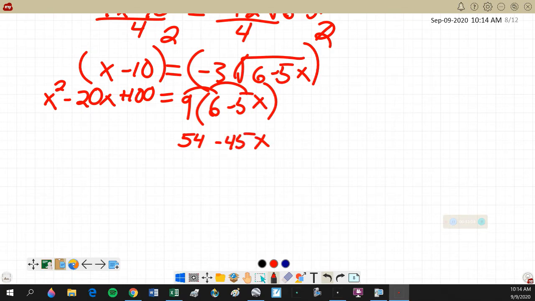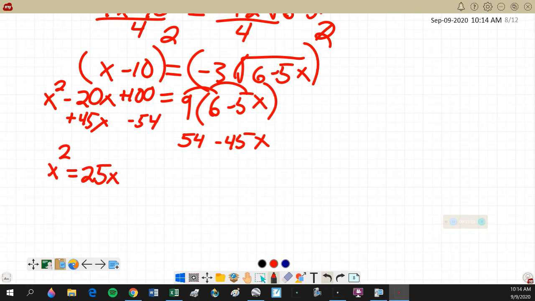Bring those into the quadratic. Plus 45x minus 54. Oops. Not equals, x squared plus 25x plus 46. Did I do that right?